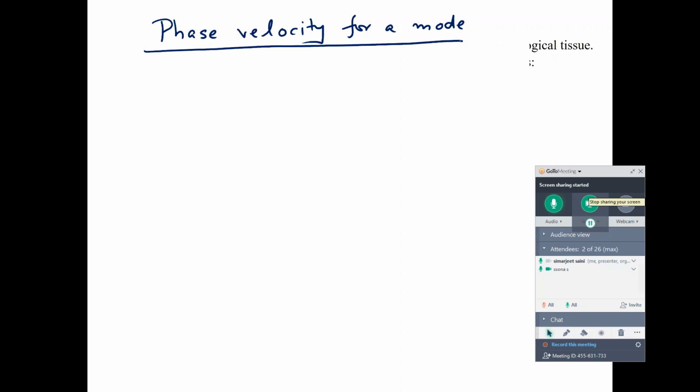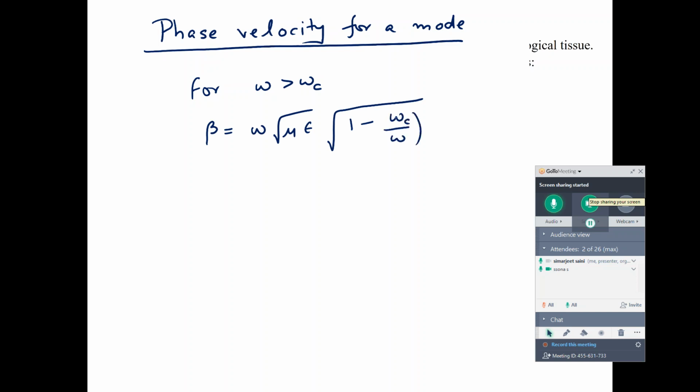We have already seen that for omega greater than omega c, when the frequency is larger than the cutoff frequency, beta is given by omega square root of mu epsilon times square root of 1 minus omega c by omega squared.